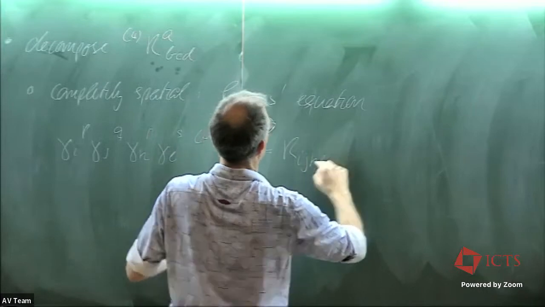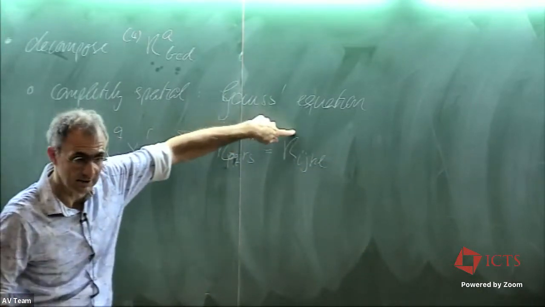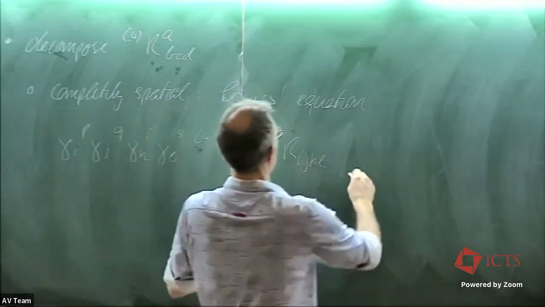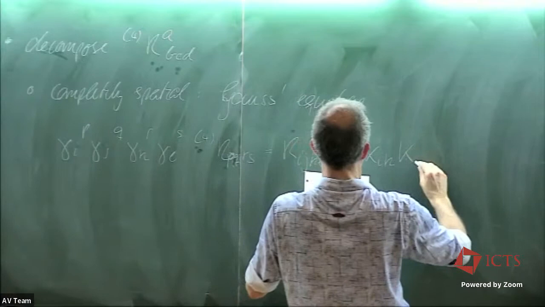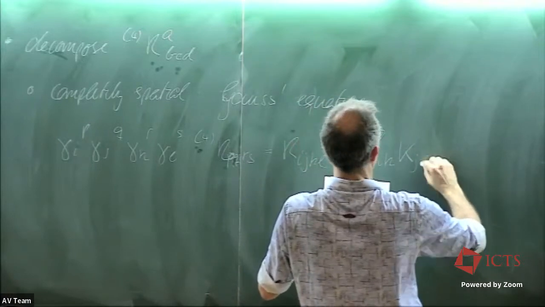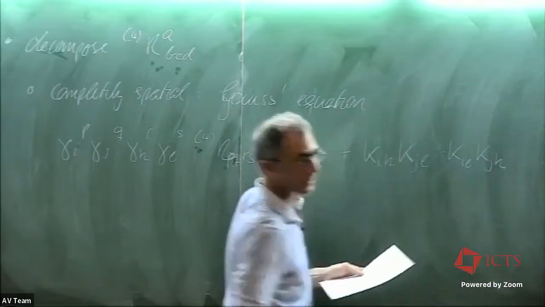So this is the 4-dimensional Riemann tensor, and this is the three-dimensional Riemann tensor, plus K IK K JL minus K IL K JK. That is the completely spatial projection.